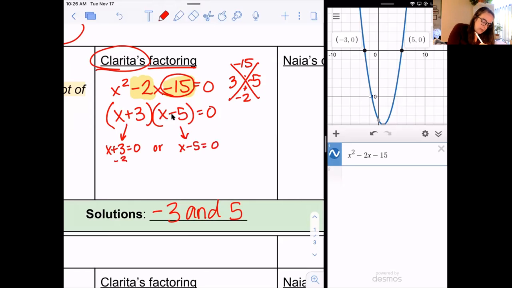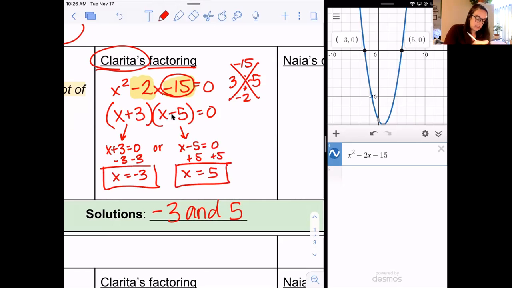I'm going to subtract 3 on both sides: x equals -3. Add 5 on both sides: x equals 5. These two answers are exactly the same numbers as what I got from the graphing portion, which is perfect. It's the same equation, so I needed to have the same answers.